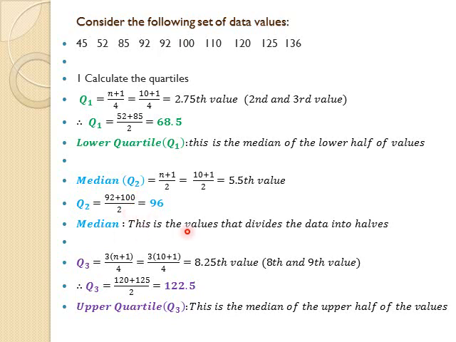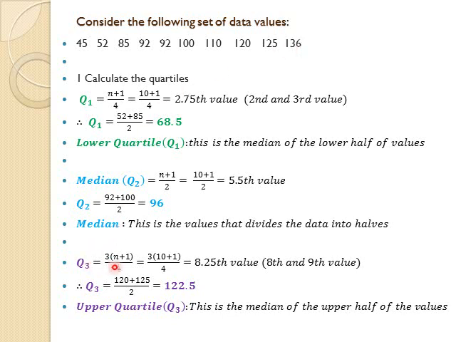So median, this is the value that divides the data into halves. If I put 96 there, I can count 1, 2, 3, 4, 5 after 96, 1, 2, 3, 4, 5. So 96 ensures that I have 5 before and 5 after.